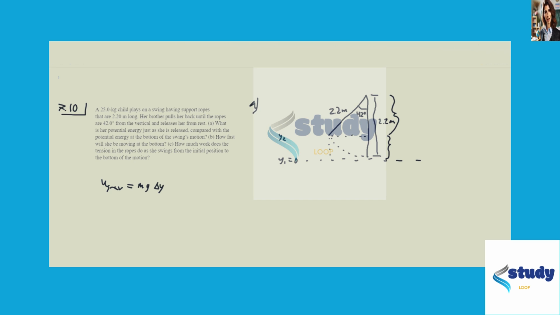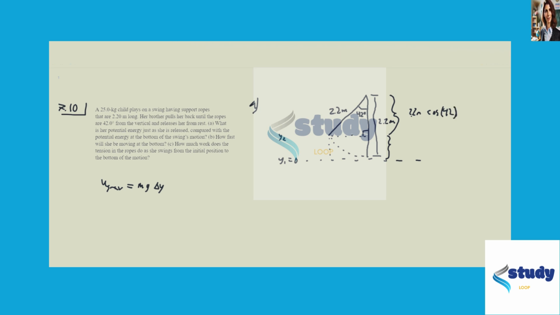Okay, so we have a triangle here. We have a hypotenuse length, and we know that this is a right angle. So we can use the cosine of this angle times this length to find out what this length is. So that should just be 2.2 meters times cosine of 42.